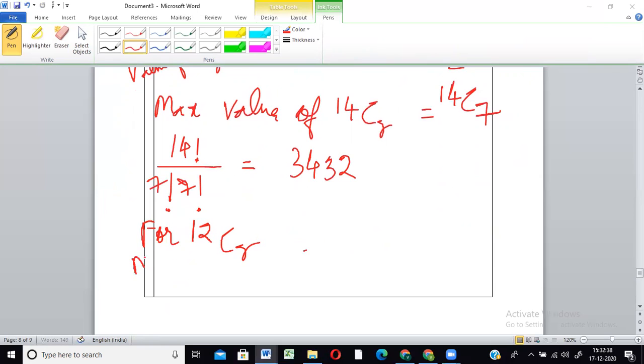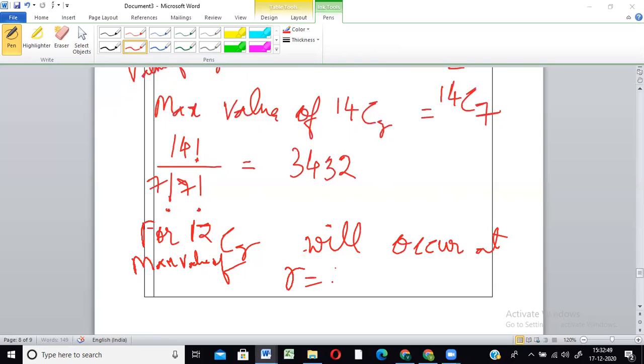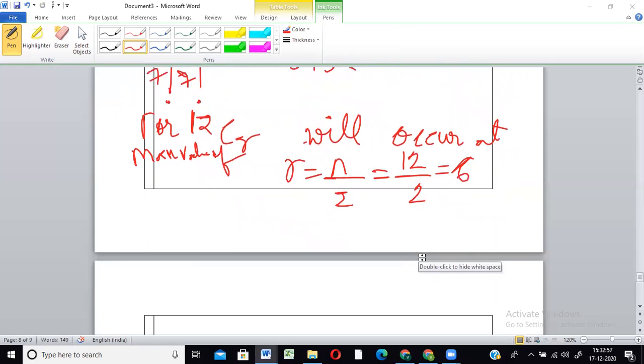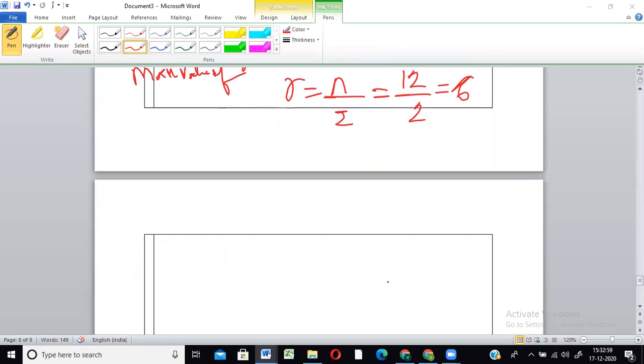So the maximum value of 12CR will occur at R is equal to N by 2. Your N is equal to 12. 12 by 2 is nothing but 6.